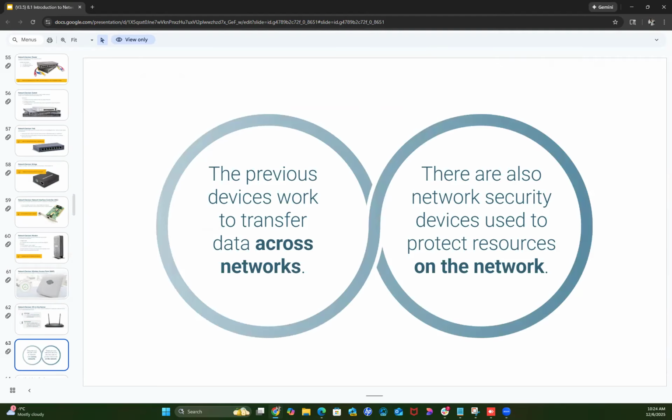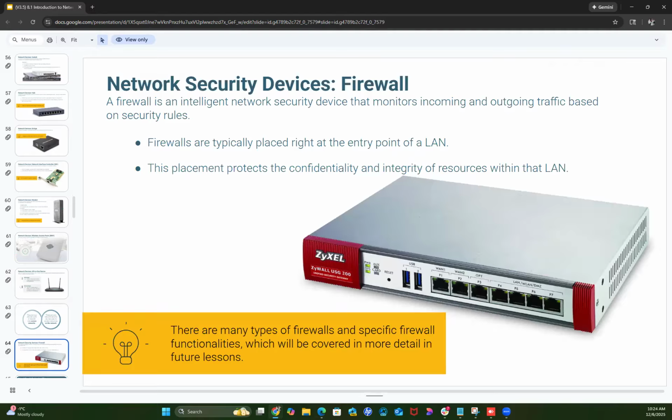The previous devices work to transport data across the network, and there are also network security devices used to protect resources on this network. What is a firewall? A firewall is an intelligent network security device that monitors incoming and outgoing traffic based on security rules. Firewalls are typically placed right at the entry point of the LAN.